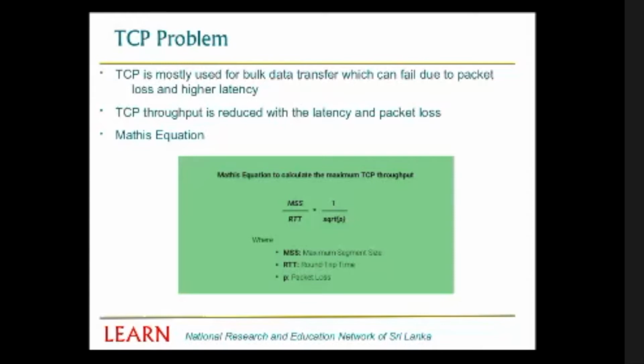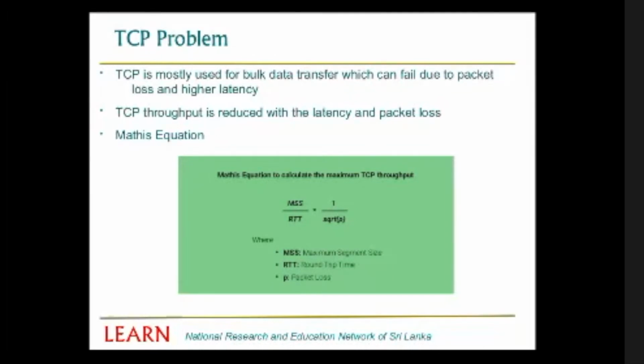This is the Mathis equation, which shows how latency, round trip time, and packet loss affect the TCP throughput. In this equation, MSS is the maximum segment size, which we can also call the packet size.